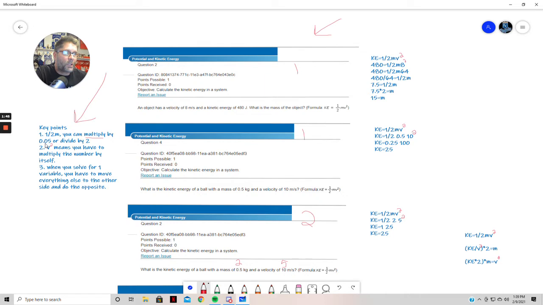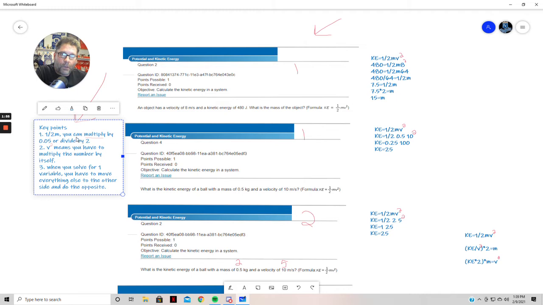I got an extra 0, and let me fix that real quick. Let me close this out and edit this. I didn't notice that when I was looking up everything. There we go, by 0.5. I had an extra 0 in there. Sorry about that. Or you can divide by 2.